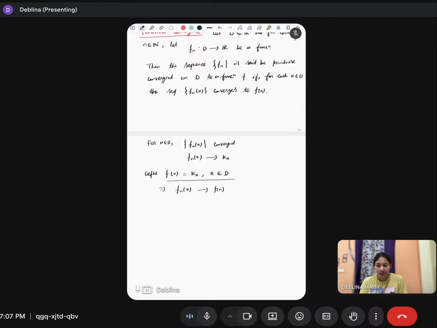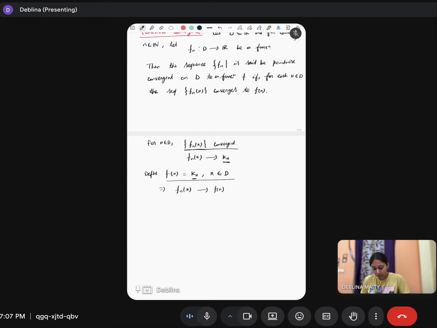Since this real number sequence is convergent, for each x we are getting some k(x), and we define f to be that k(x). Then fn(x) converges to f(x). Alright.